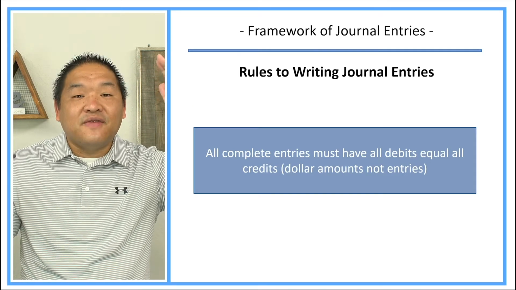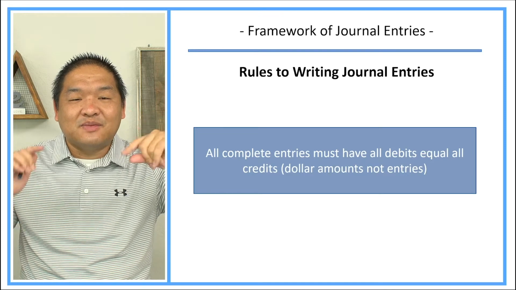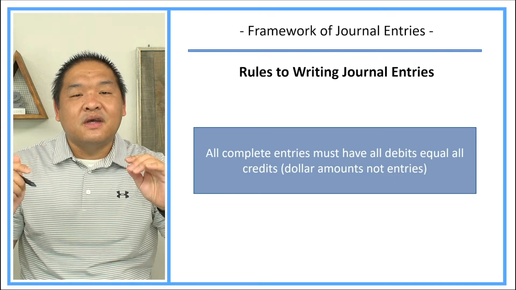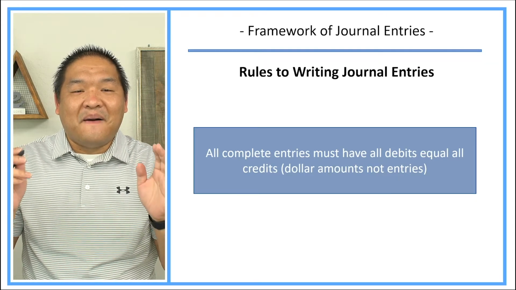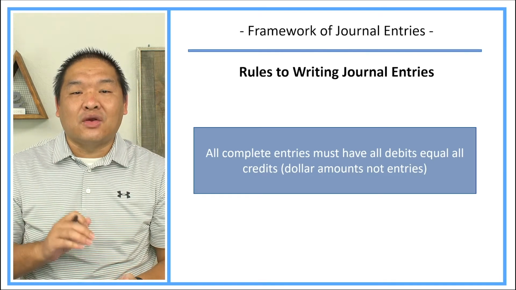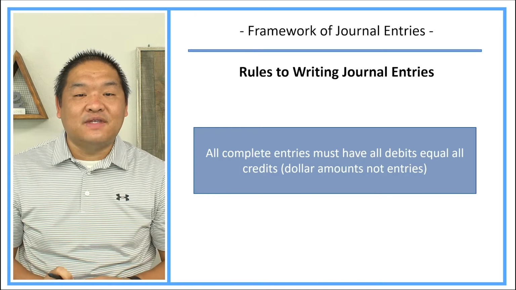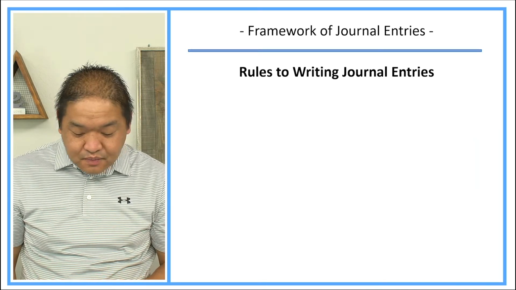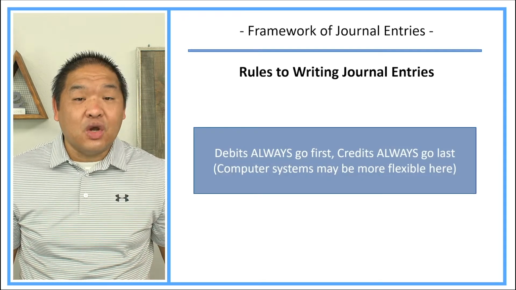Let's just say it's $5,000, okay? Sometimes my mouth goes faster than my brain, so I don't remember what I said. But all of my debits must equal all of my credits in dollar amounts, not the number of debits and credits I have.